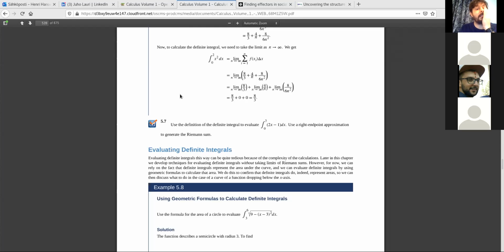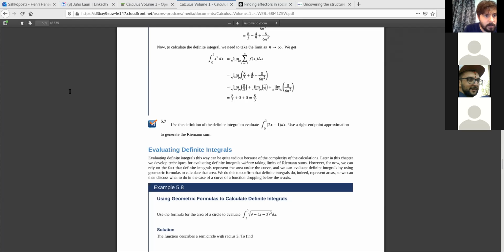And the sum of 18i, well, you can figure it out yourself later. Oh, sorry, there was one missing. That was 18i over n squared.